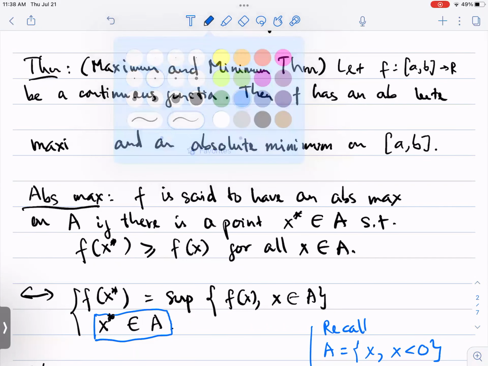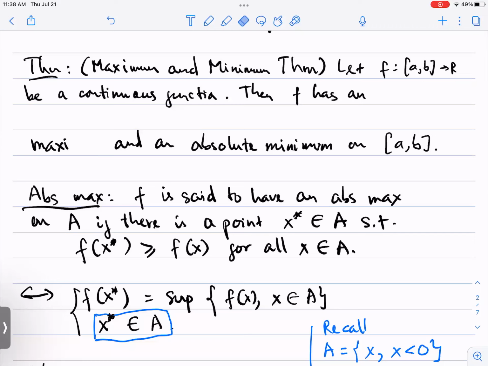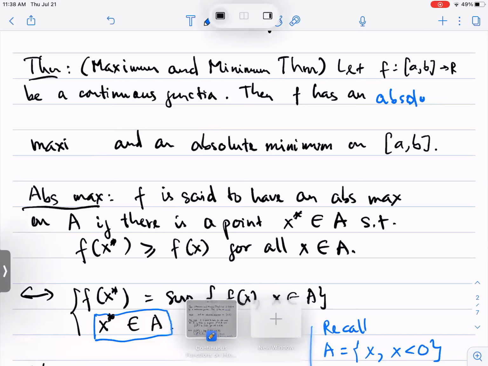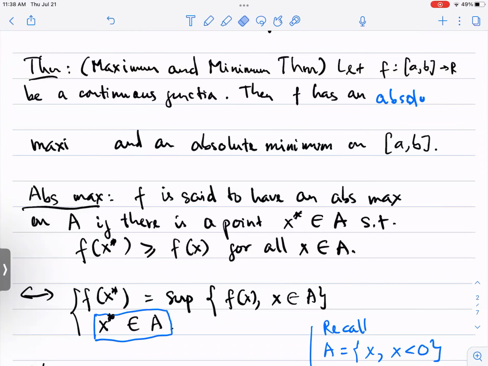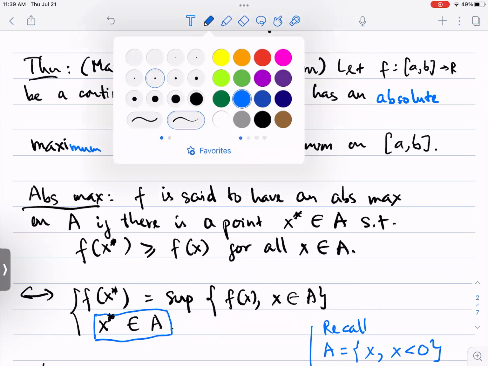Let me use another color to emphasize this notion. I have an absolute maximum and an absolute minimum on the interval from a to b.